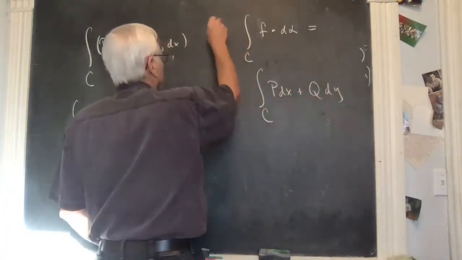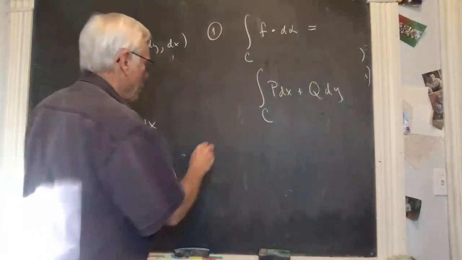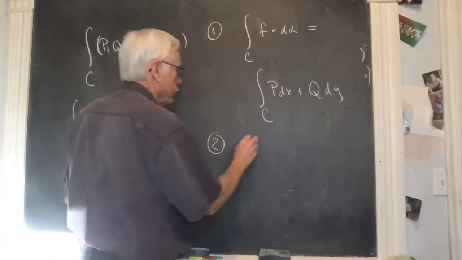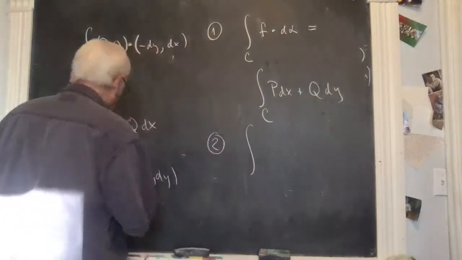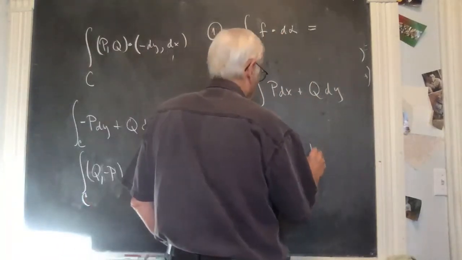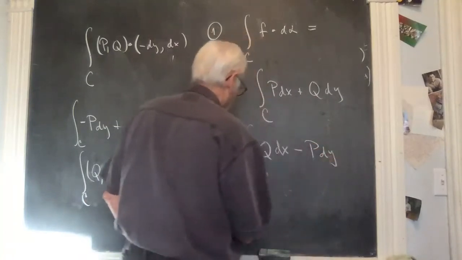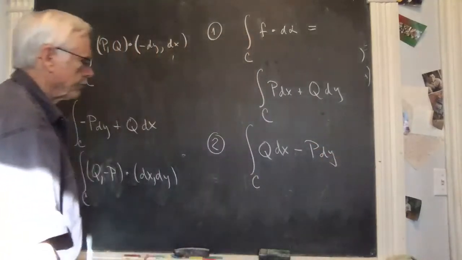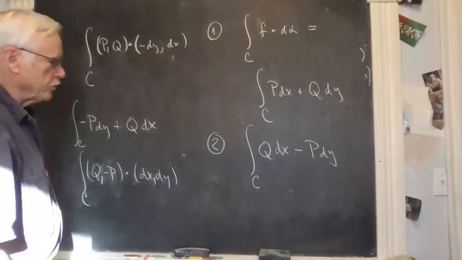This is the force that's with you. The force that's against you is this integral here, q dx minus p dy on c. This is the force that's against you.